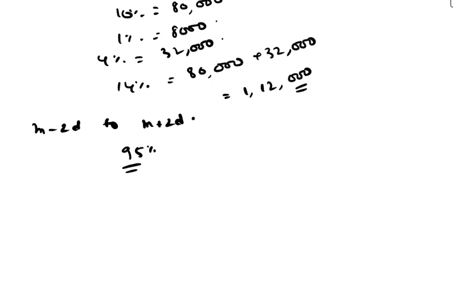So the portion between 1 and 2 standard deviations: 95% minus 68%, that is 27% total on both sides. Half of that is about 13.5%, rounded to 14%. So that's where the 14% comes from. Always remember, between 1 and 2 standard deviations on one side is near about 14%.